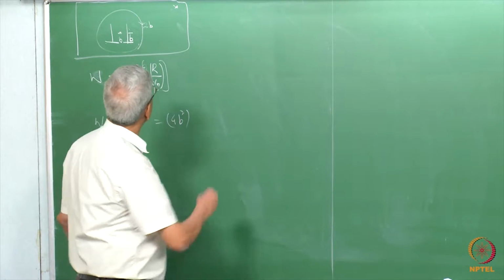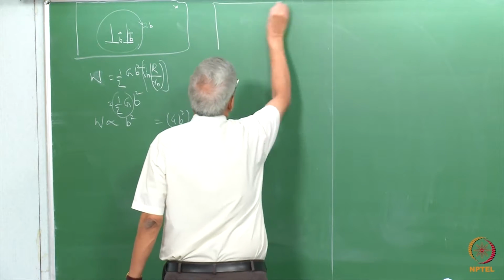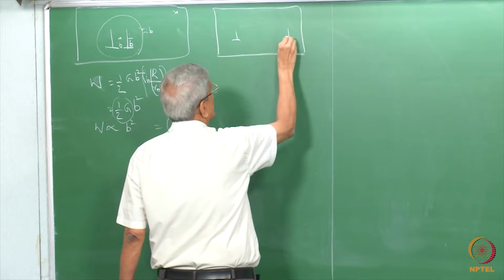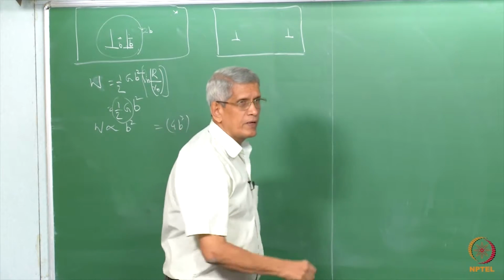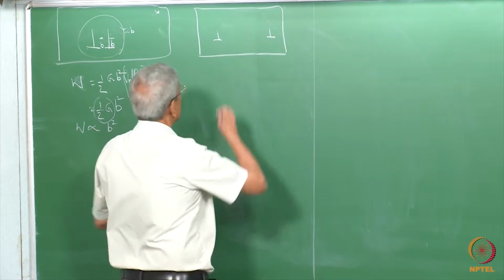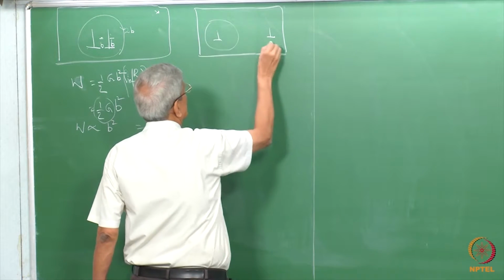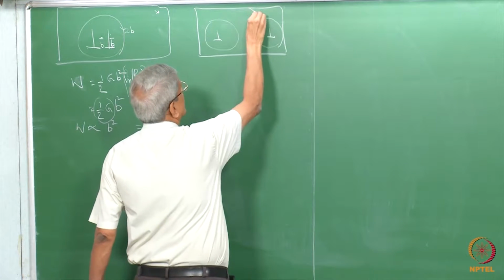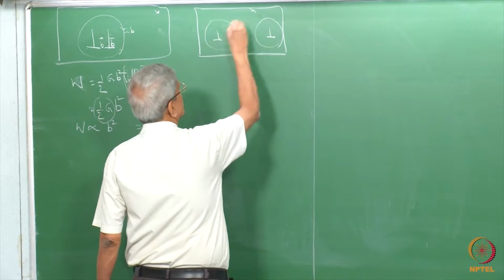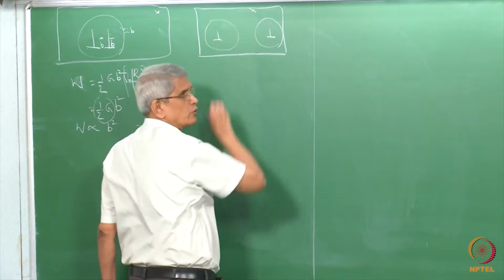Let us take the same case where one dislocation is here and another dislocation is here, in the same slip line, but very far away. Then if we find the stress field around a particular point, we have to find the stress due to this as well as due to this.